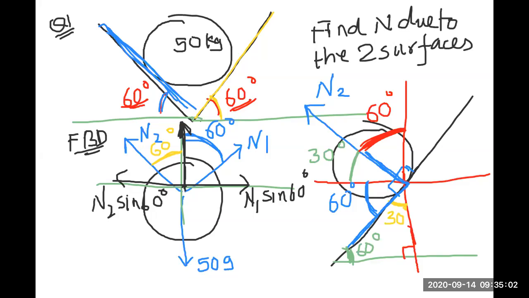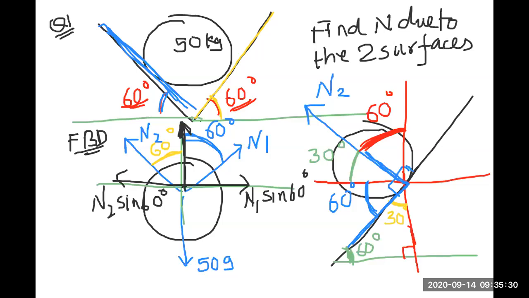What have I done? I have drawn the free body diagram. I have drawn a horizontal vertical axis. I could have drawn any other axis as well, but I have drawn horizontal vertical axis. And I have used the fact that the normal reaction due to an inclined plane makes the same angle with the vertical as the inclined plane itself, as the angle of the inclined plane itself.